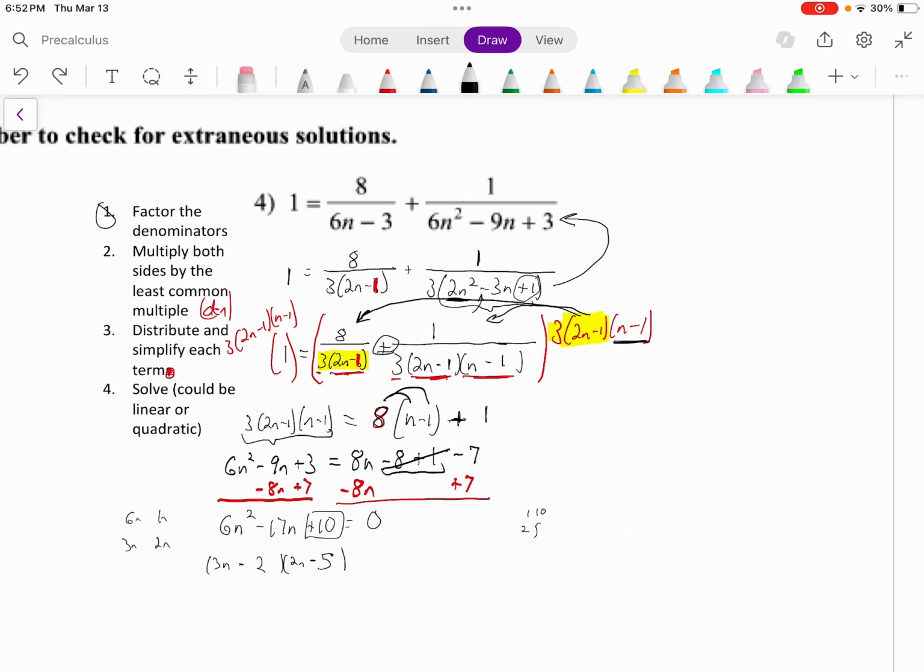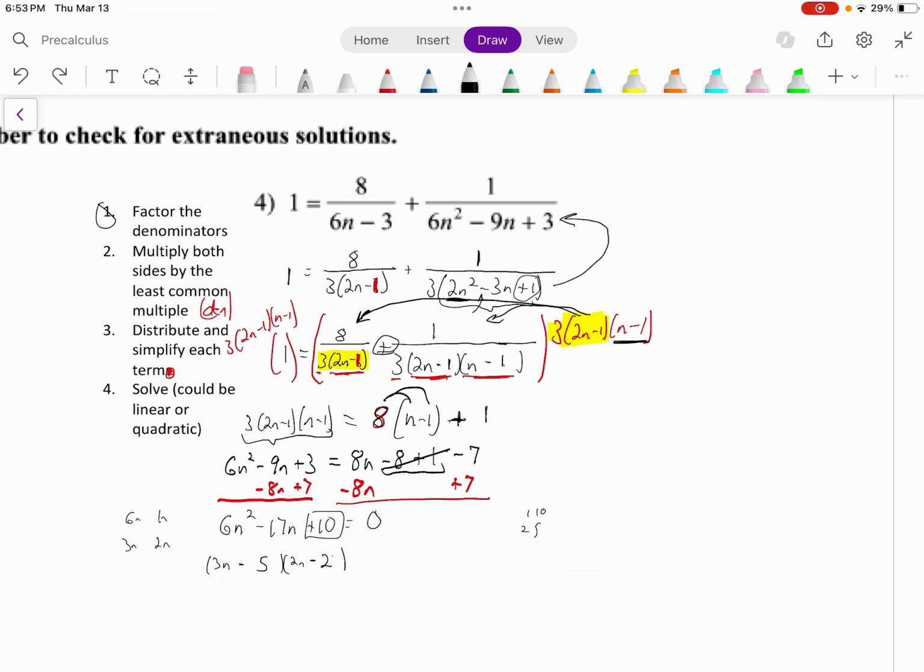So let's switch the 5 and 2. So let's try a 5 here and a 2 here. Well, that's actually not going to work, but we can check it. Negative 5n, negative 10n, negative 6n is not correct, because that's not negative 17n.